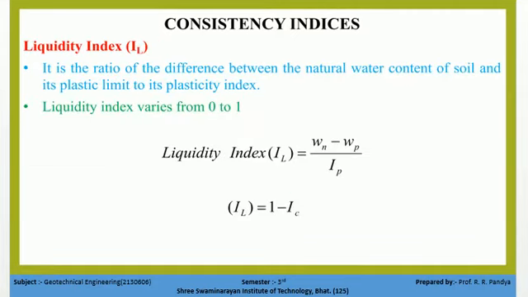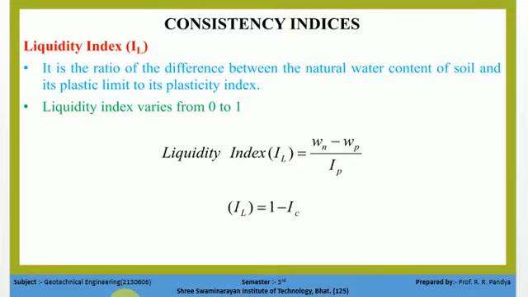Now, liquidity index. Liquidity index is denoted by IL. The liquidity index is the ratio of the difference between the natural water content of soil and its plastic limit to its plasticity index. The value of liquidity index will lie between 0 and 1.